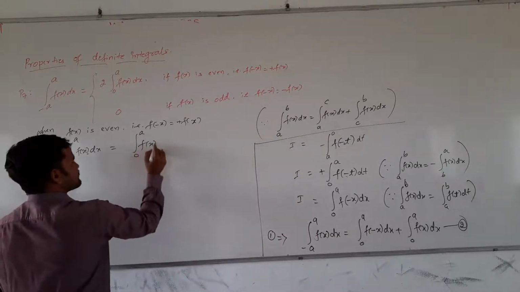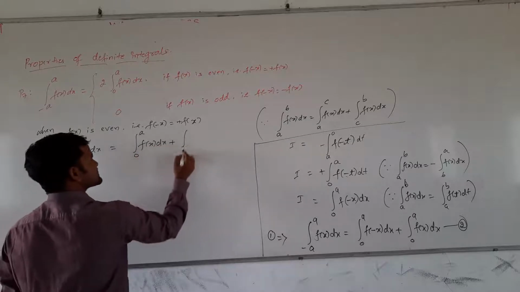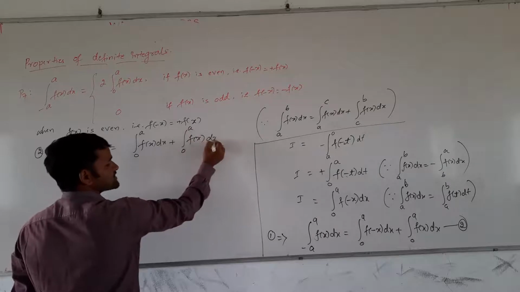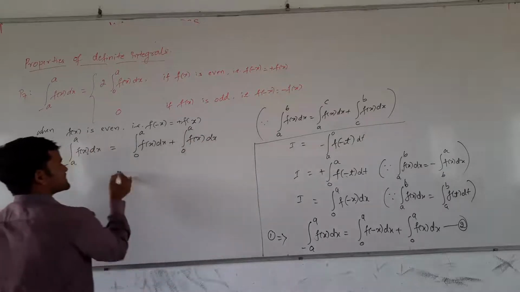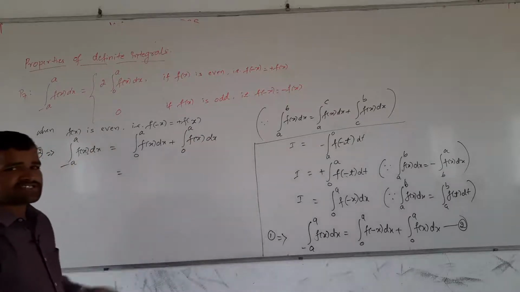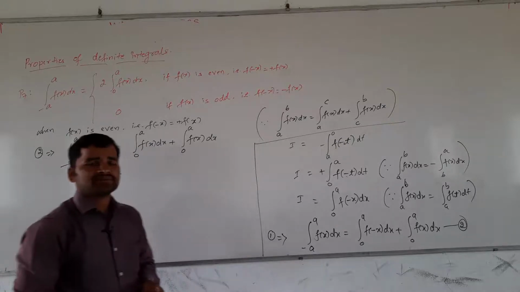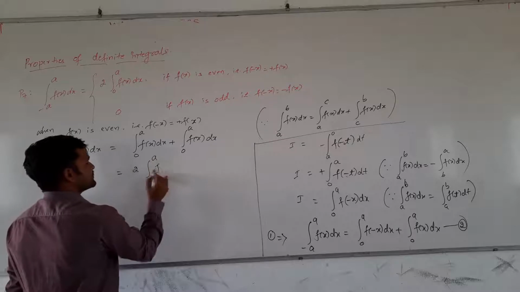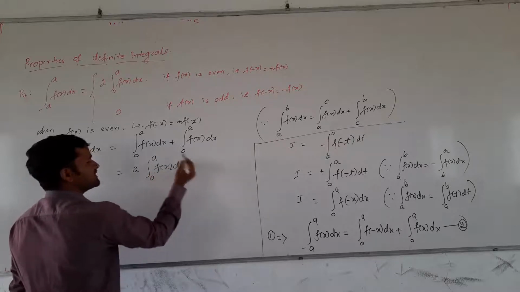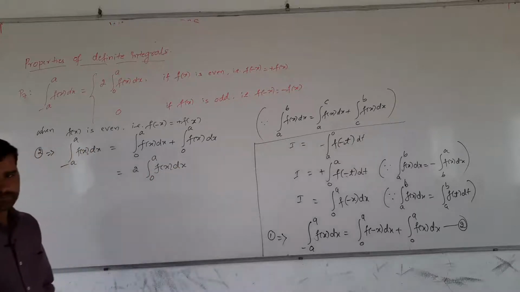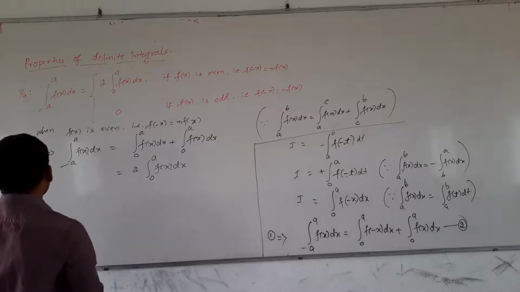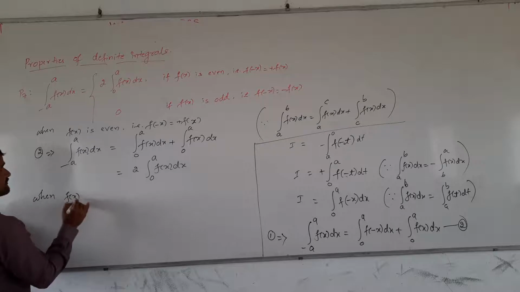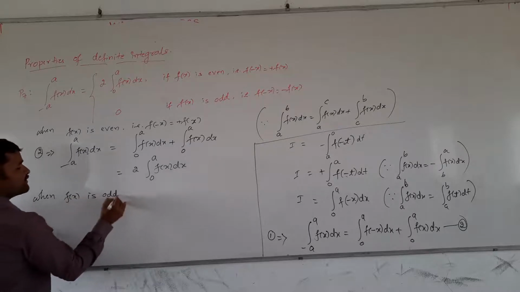So this is f of x dx plus, again, integrating from 0 to a f of x dx. The second integral I am writing as it is. This is nothing but 2 times integral 0 to a f of x dx. Yes, we have proved.